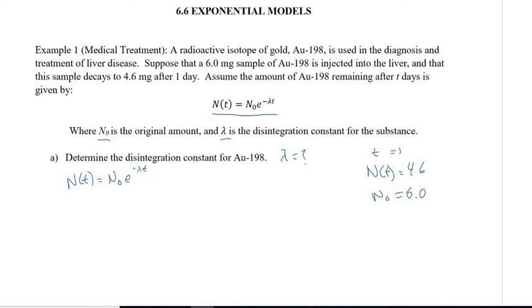So let's plug that information in and let's see if we can solve. That's going to be 4.6 equals 6.0 times e to the negative lambda times 1. Let's simplify a bit. 4.6 is equal to 6.0 times e, and negative lambda times 1 is just negative lambda. Now, since we have a negative exponent there, let's flip that into the denominator.